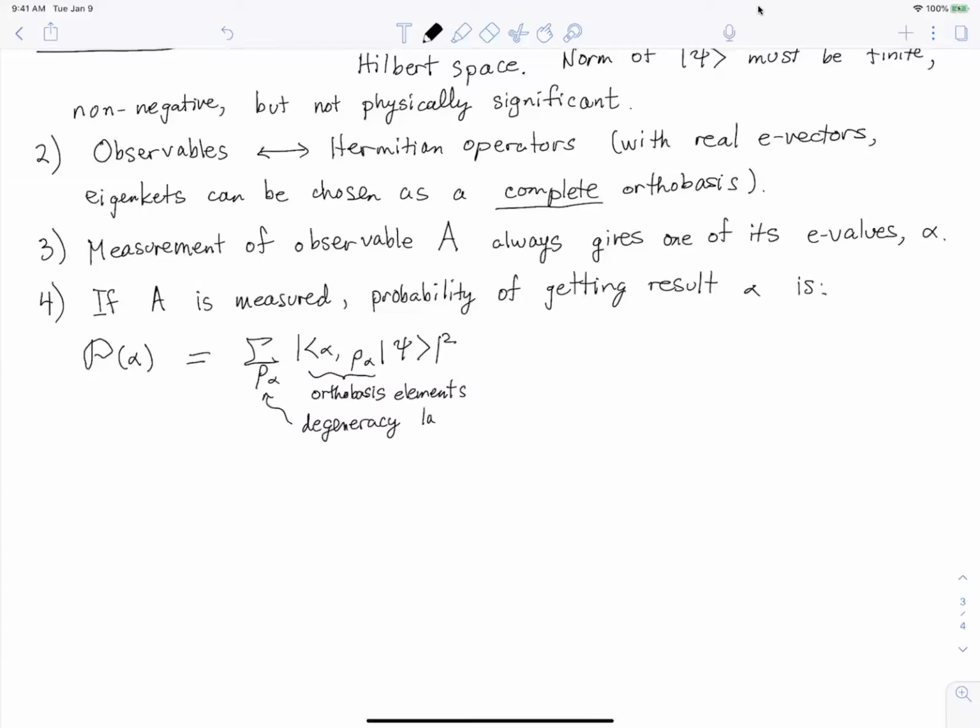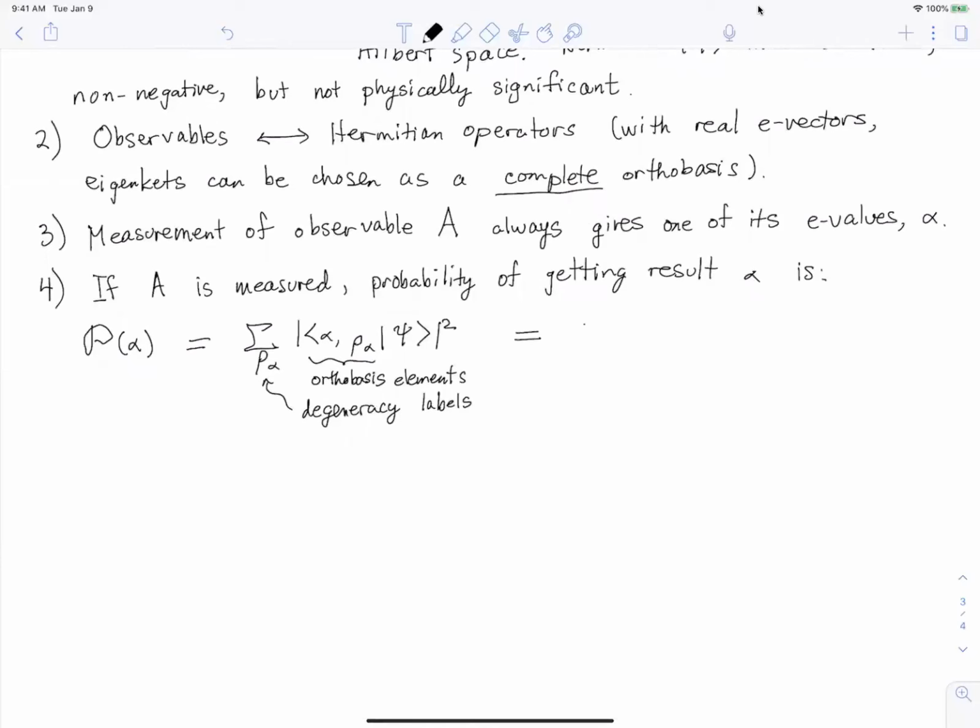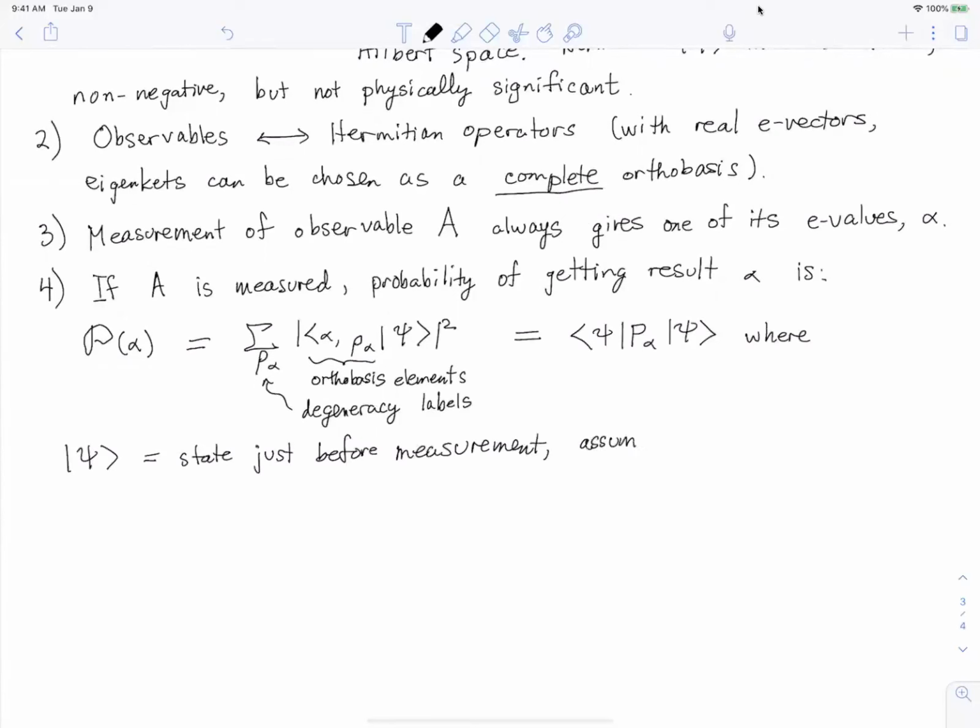Now another way of writing this is psi, P sub alpha, psi. Notice it's not a curly P. All of this is where psi was the state just before the measurement, and this assumes that you've already chosen the normalization so that it's 1.